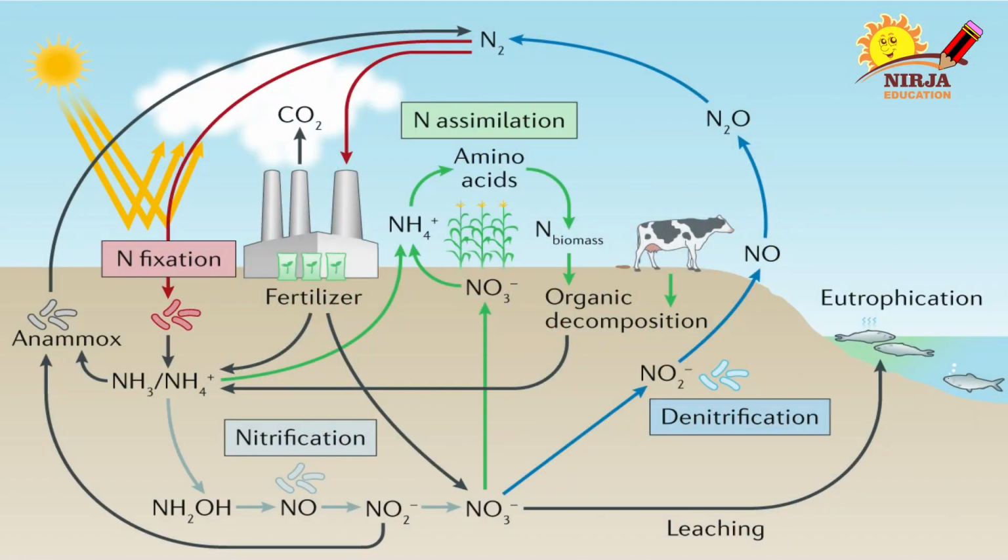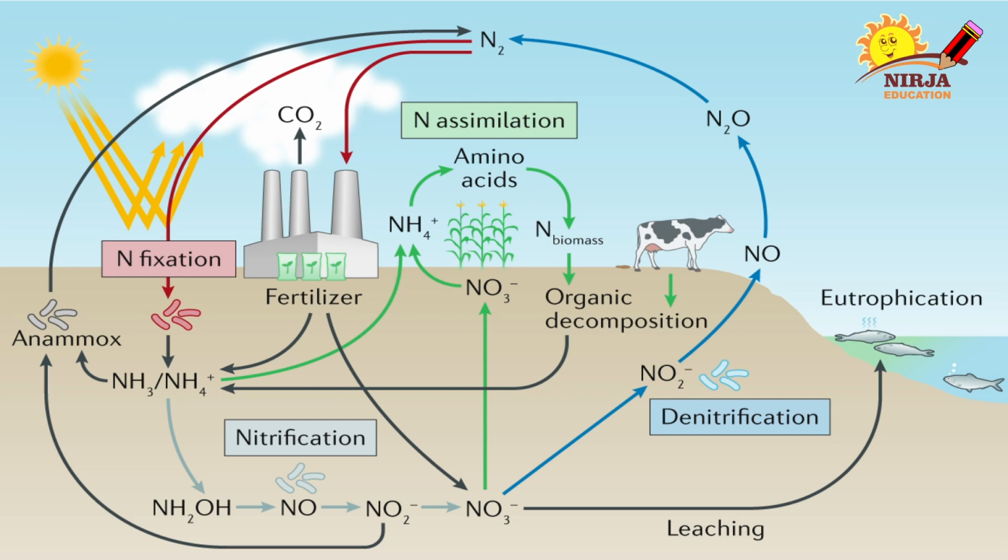Once again I repeat, the nitrogen cycle consists of 5 steps: nitrogen fixation, nitrogen assimilation, ammonification, nitrification, denitrification. In nitrogen fixation, atmospheric nitrogen is fixed into nitrate. Nitrogen assimilation means the fixed nitrates are absorbed by plants and inorganic substances are converted into organic substances.